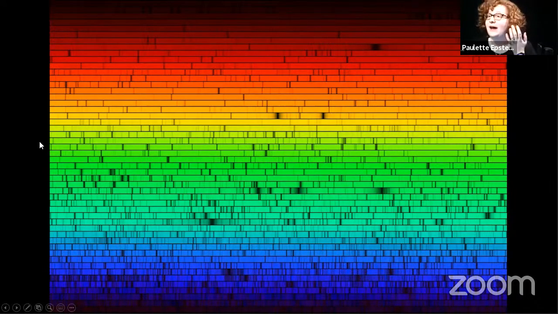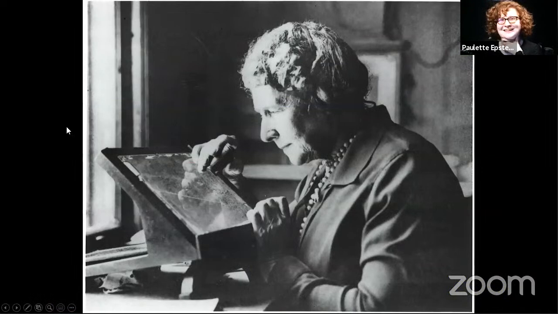While you think about that, this process of spectroscopy was actually done a long time ago. Most of the stars that we can see up in the nighttime sky, this was done by hand and was done by a female astronomer, Annie Jump Cannon.